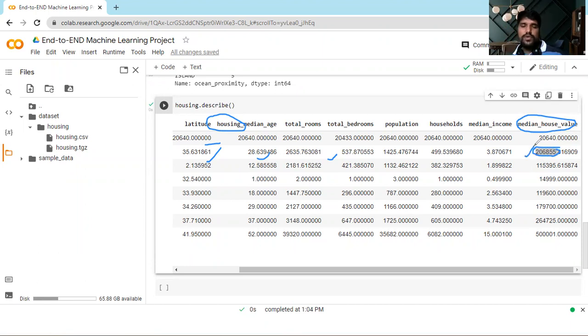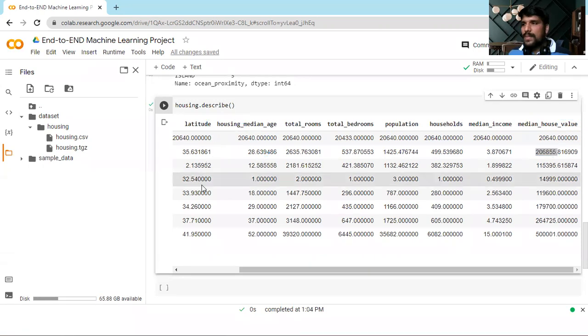We usually say that, right? On an average the housing price in the state of Maharashtra is 2 lakh per 1000 square feet. In a similar way you can compare here. So on an average the housing price is 2,06,855. This is the understanding we get from this.